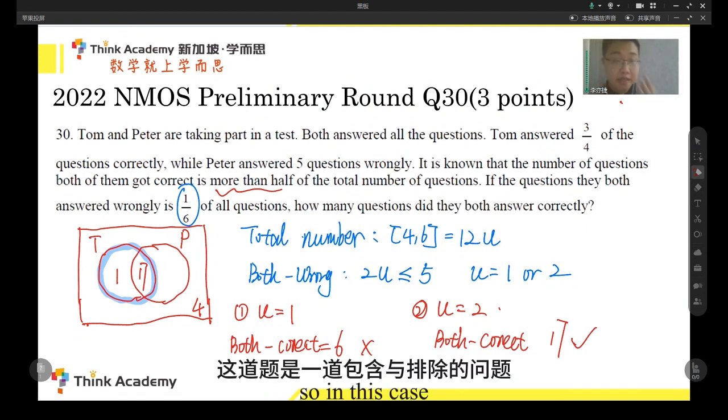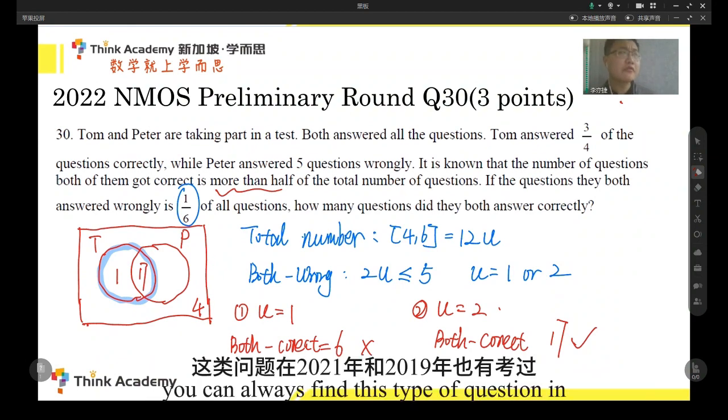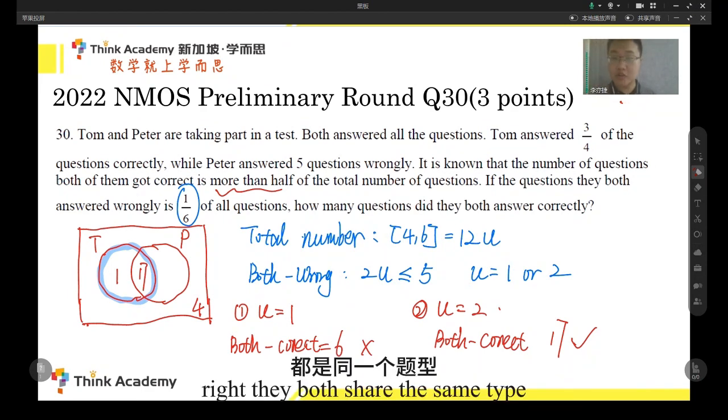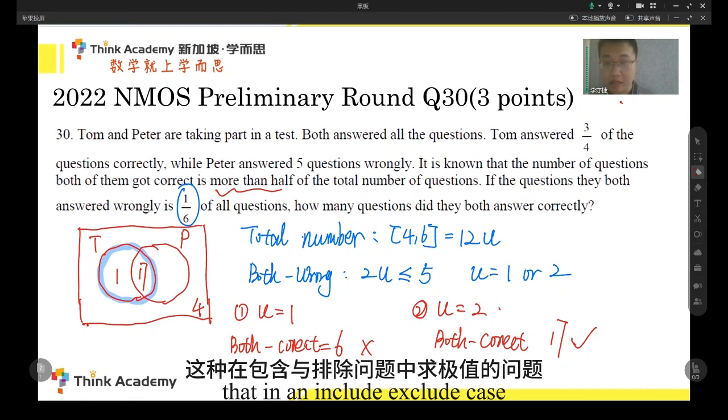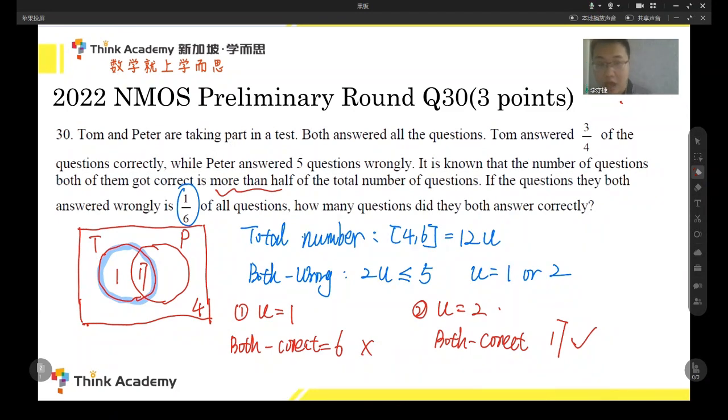So this is an include-exclude problem, and you can always find this type of question in 2021 and 2019, right? They share the same pattern: in an include-exclude case, we find the extreme value of an indeterminate answer.